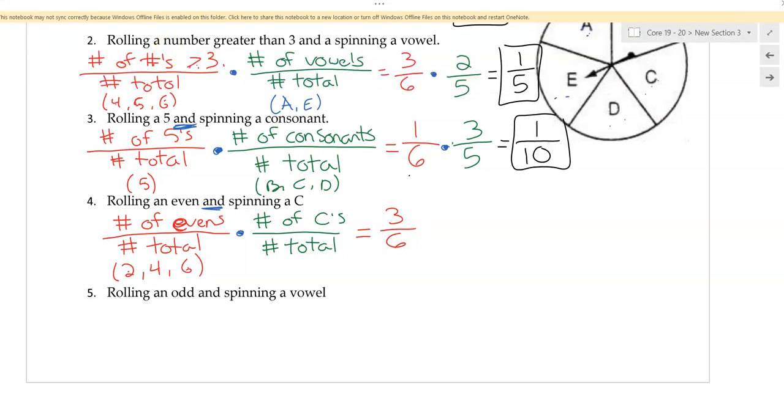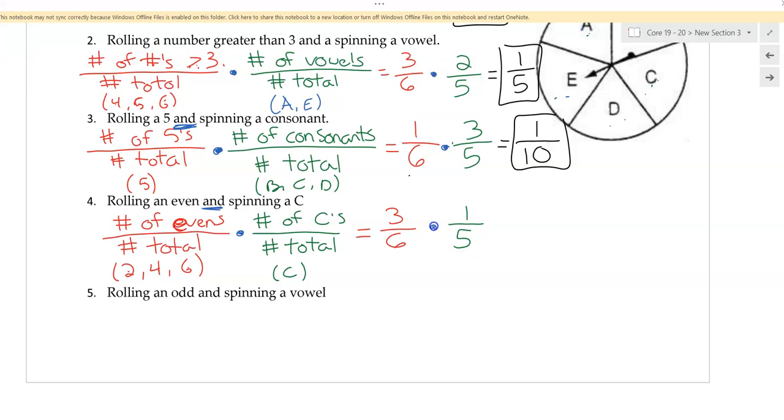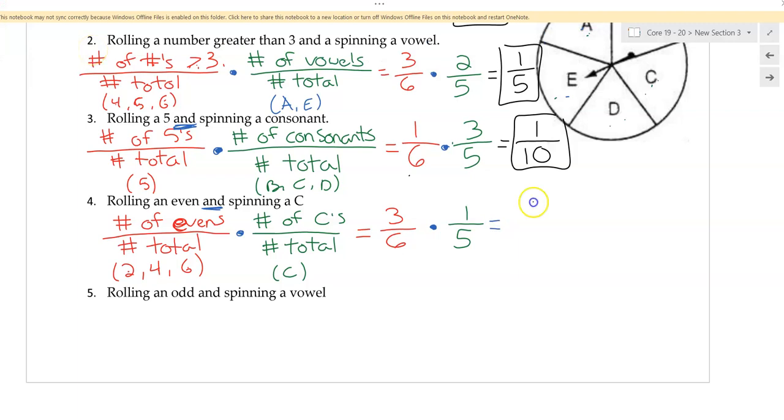And my C is just that C, the one thing. And I'm multiplying those. So 3 out of 6 times 1 out of 5. And once again, I get 1/10.